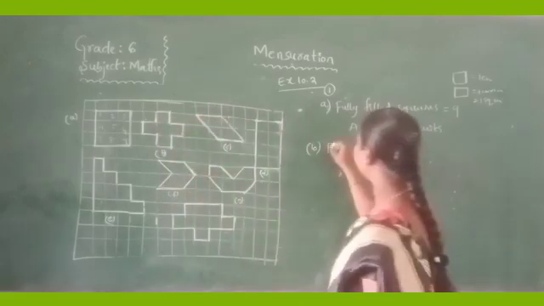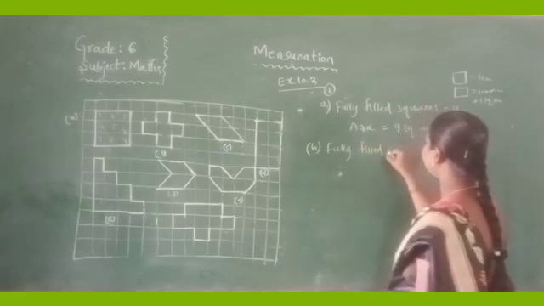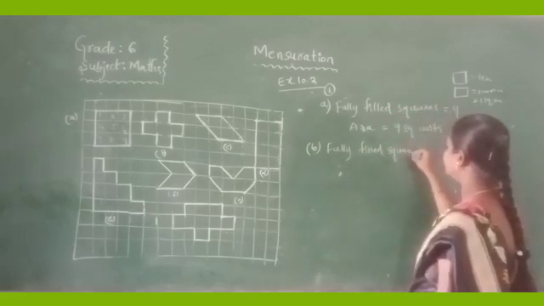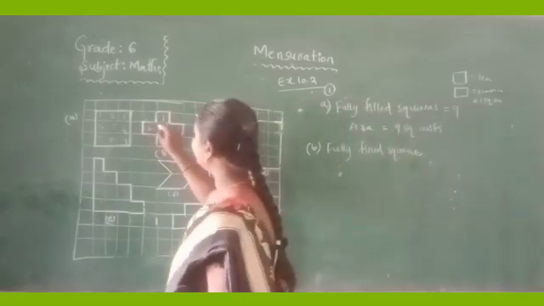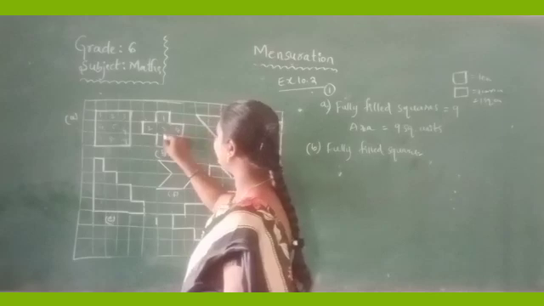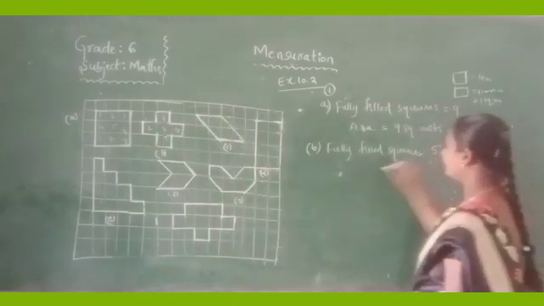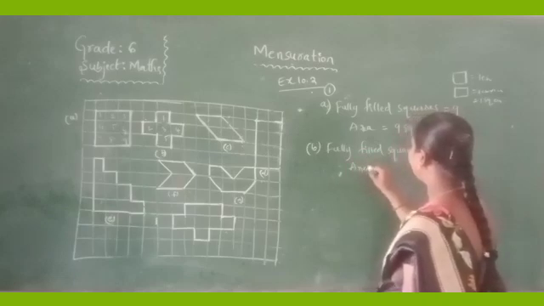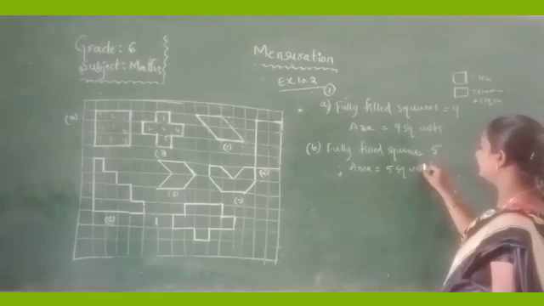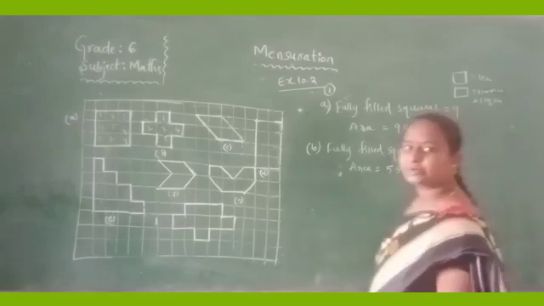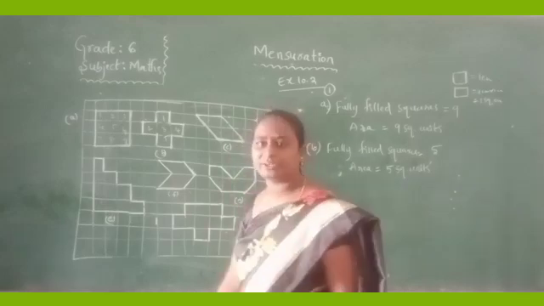Now I am writing here fully filled squares. How many full squares are there? 1, 2, 3, 4, 5. How many? 5. Then what is the area? Area is equal to 5 square units. 5 square units. Right.